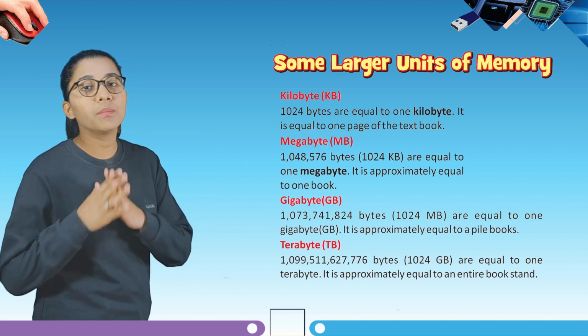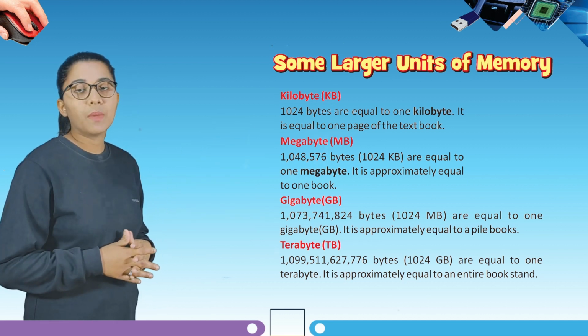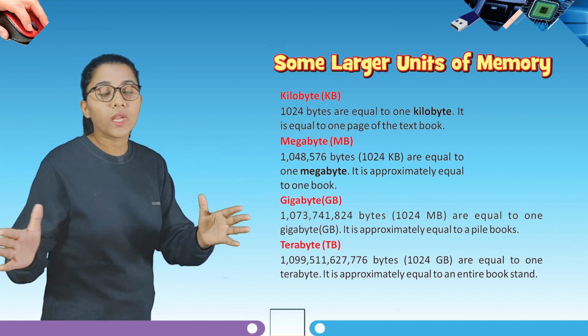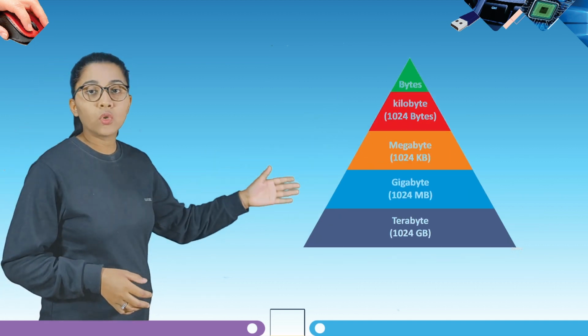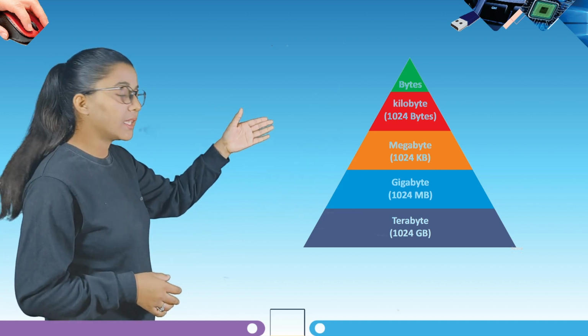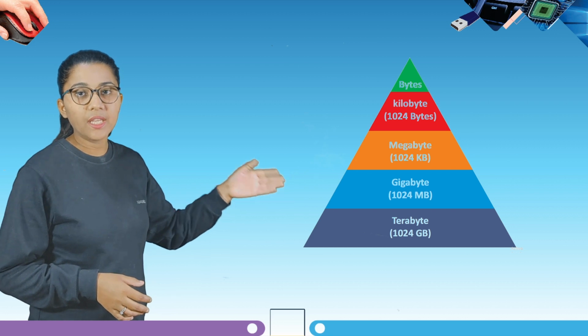It is approximately equal to an entire book stand. So students, here you can see the flow chart of different memories, that is byte, kilobyte, megabyte, gigabyte and terabyte.